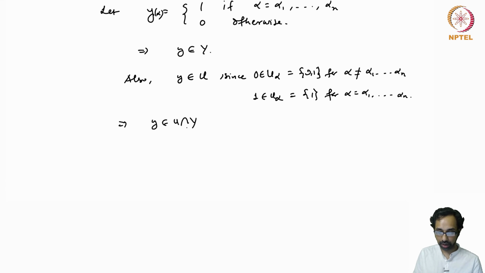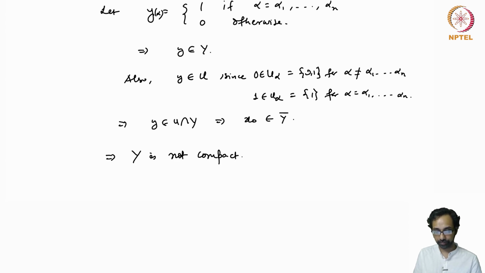So this means that y belongs to U intersection Y, and therefore x naught is in the closure of Y, and this proves that Y is not compact.